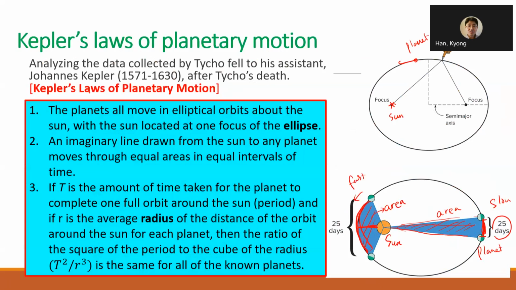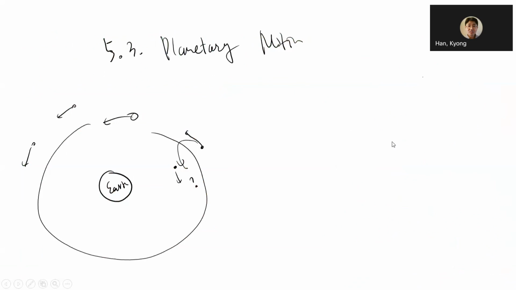This is Kepler's second law. And then the third law: T is the amount of time taken for the planet to complete one full orbit around the sun, called the period. Period means just how long it takes to complete one cycle.